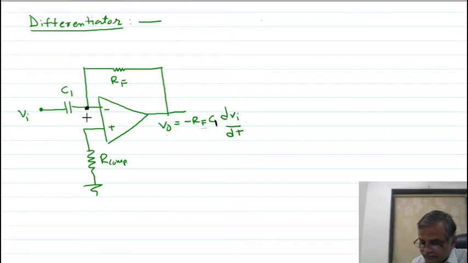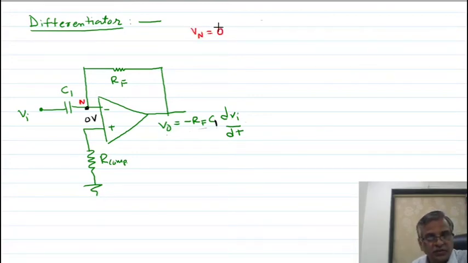Look here, due to infinite input impedance of the op-amp, the input terminal of the op-amp does not draw any current. And due to infinite open loop gain of the op-amp, the voltage drop between the two input terminals of the op-amp tends to 0. As a result, we can say that the nodal point is at 0 voltage.